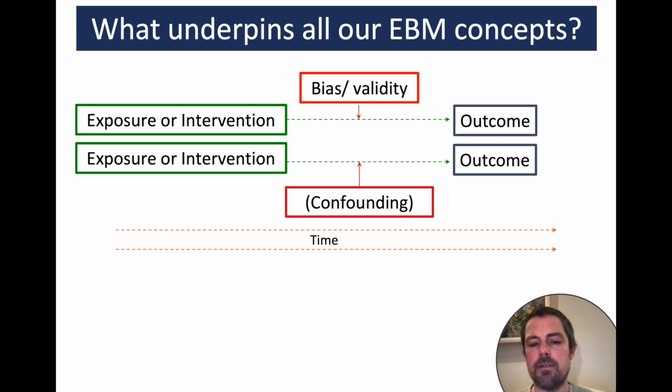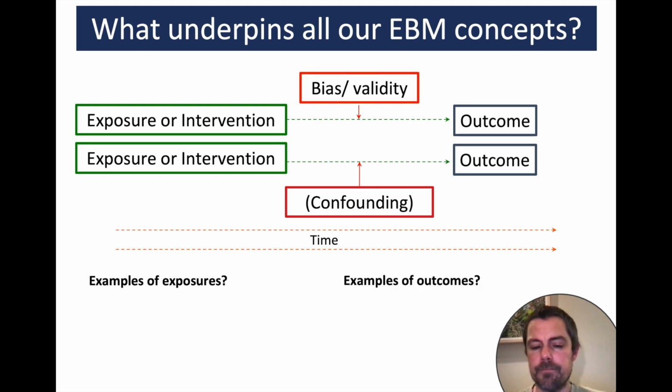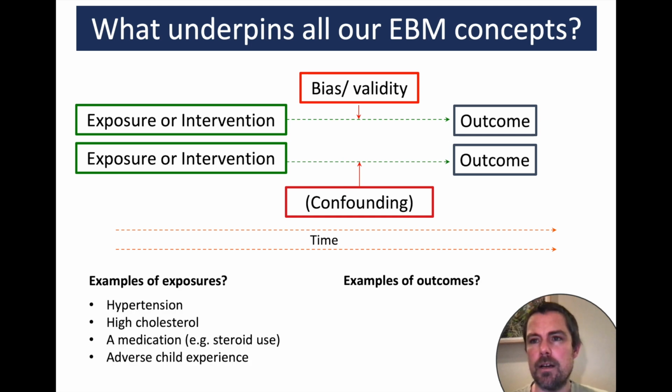So what are examples of exposures, and what are examples of outcomes? Examples of exposures, well, really, they could be anything. A healthcare professional may have postulated, is hypertension associated with cerebrovascular disease, and engaged in a research study. In that case, hypertension is the exposure and cerebrovascular disease is the outcome.